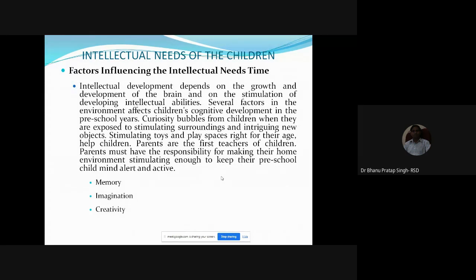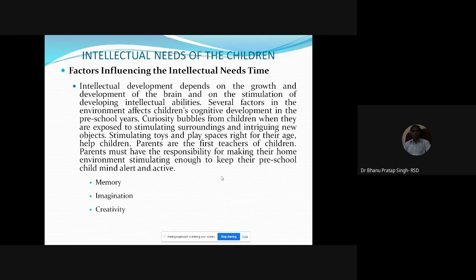Factors influencing the intellectual needs. Intellectual development depends on the growth and development of the brain and on the stimulation of the developing intellectual abilities. Several factors in the environment affect children's cognitive development in the preschool years. Curiosity flourishes in children when they are exposed to stimulating surroundings, intriguing new objects, stimulating toys, and play space right for their age.